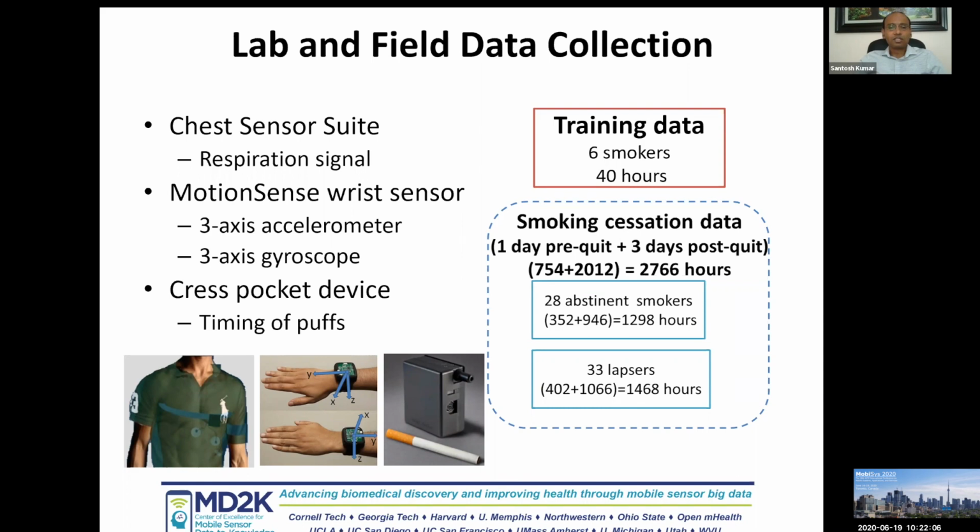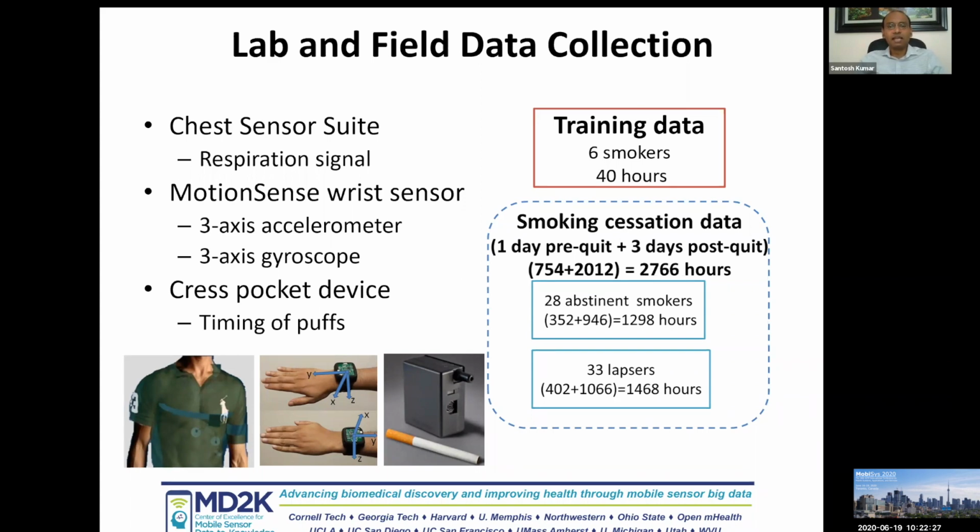It's called Crest Pocket, and we couldn't use its data because the time synchronization has so much variability in terms of clock drift that it was hard to align it to each of the puff timings.